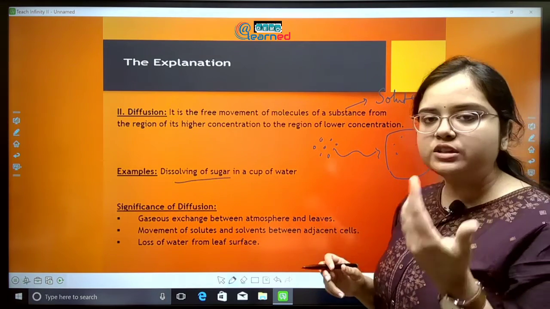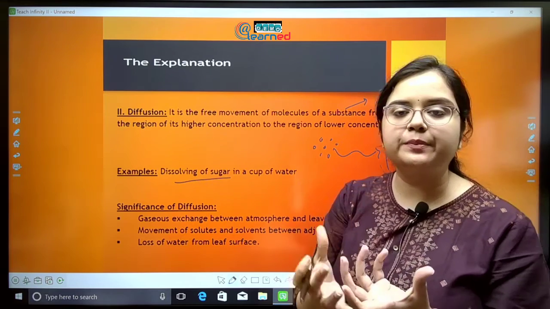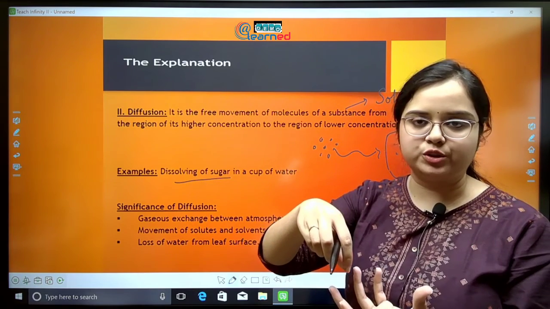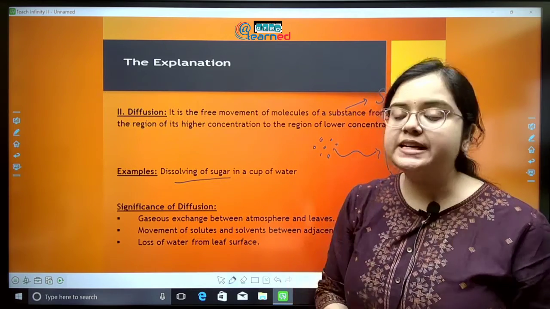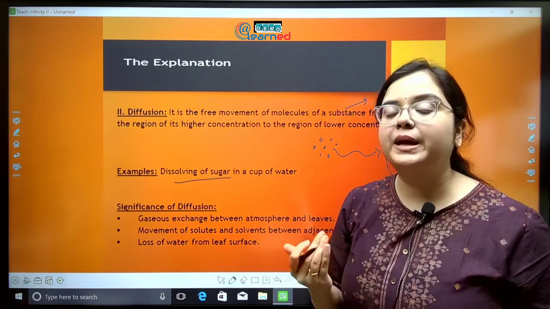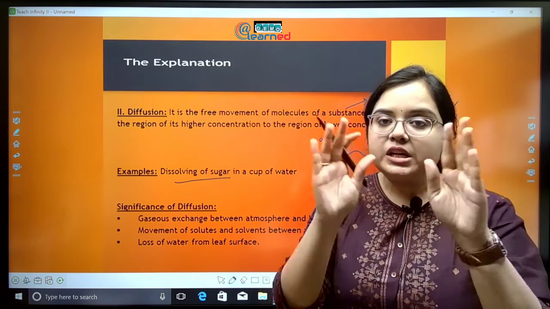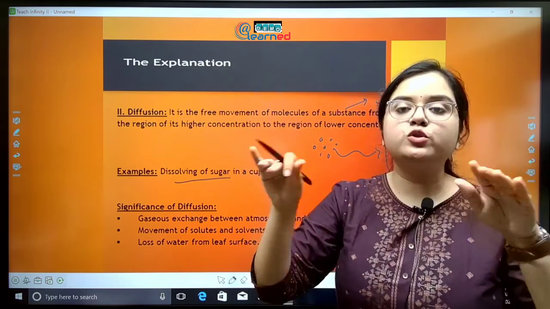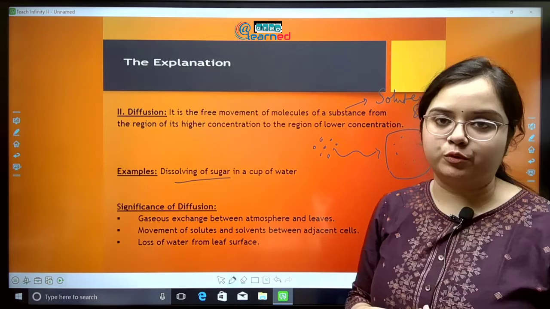We cannot see it, but you can obviously taste and understand that if you take a beaker of water, add sugar molecules to it, and without stirring, keep it like that, sometime later the sugar molecules will dissolve by itself and all the molecules will be dispersed and diffused in between the molecules of water. So that is dissolving of sugar in a cup of water.